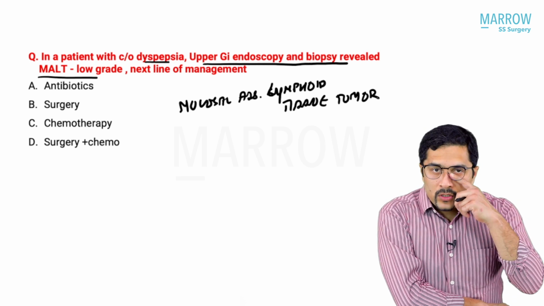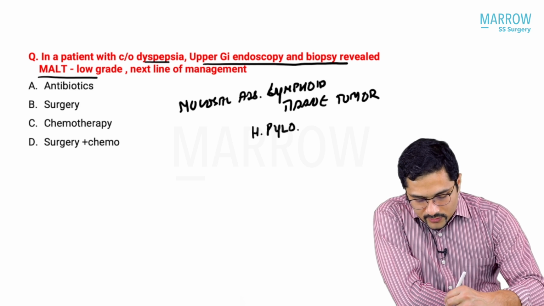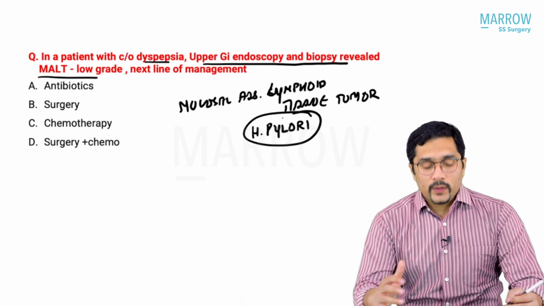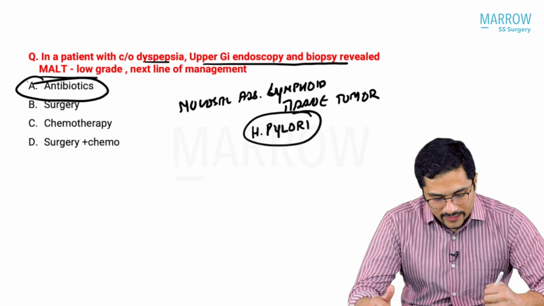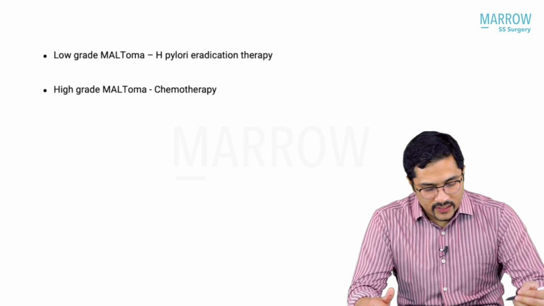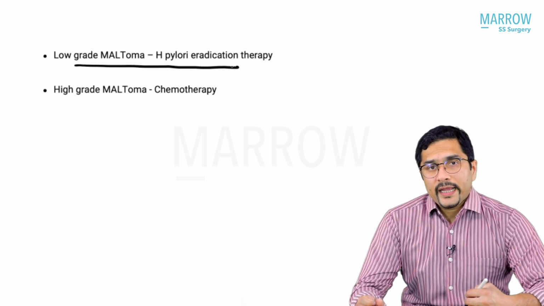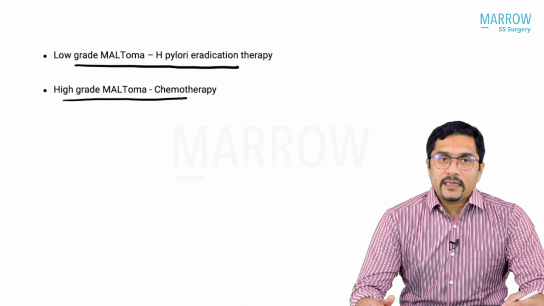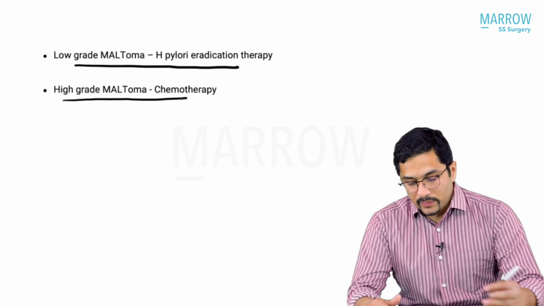So, we know maltomas are caused by H. pylori, and these low grade maltomas respond to H. pylori eradication therapy. So, the answer here will be antibiotics, that is H. pylori eradication therapy. High grade maltoma, we give chemotherapy like we will give in lymphoma in these patients.